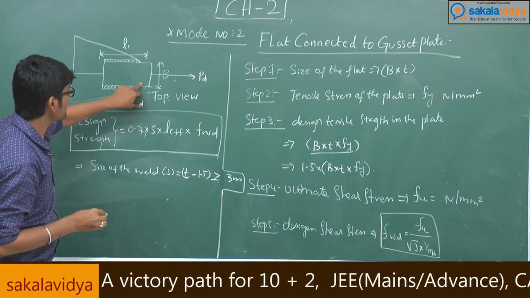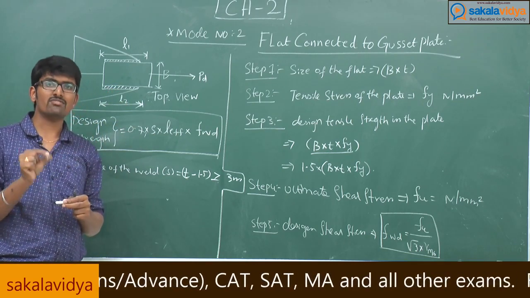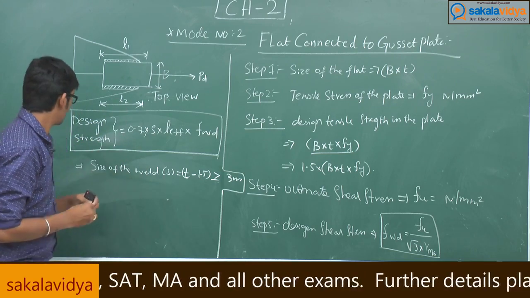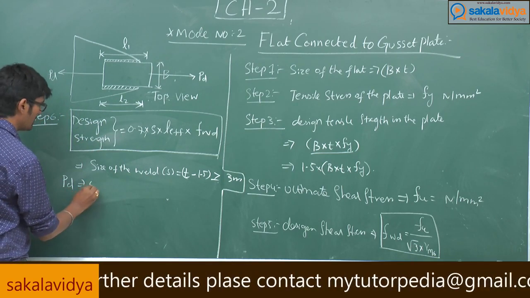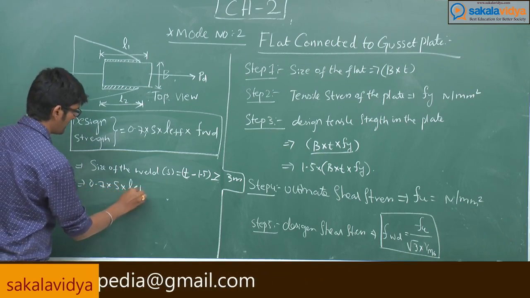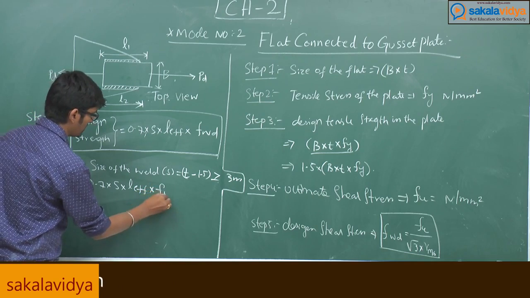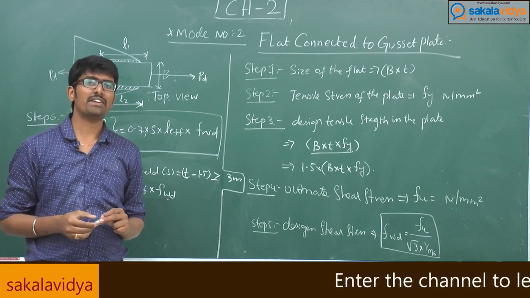So for this we have some small thickness, right? From that thickness, if you subtract 1.5, we get the size of the weld. So design strength, that is PD, is equal to 0.7 into S into L effective into FWD. In this particular case, we need to find the effective length.